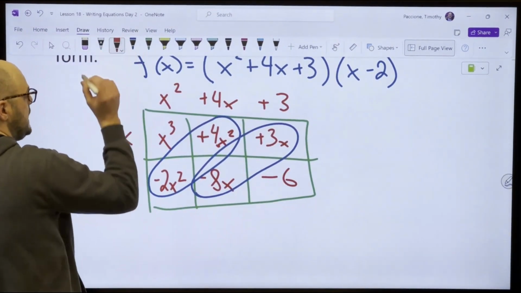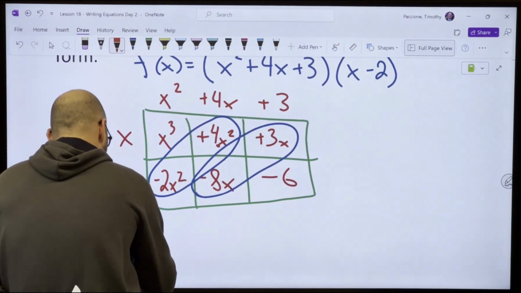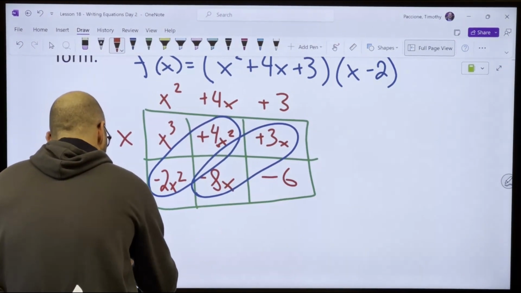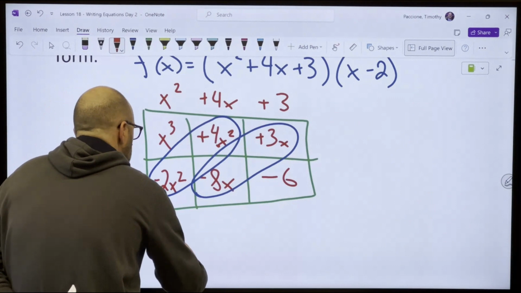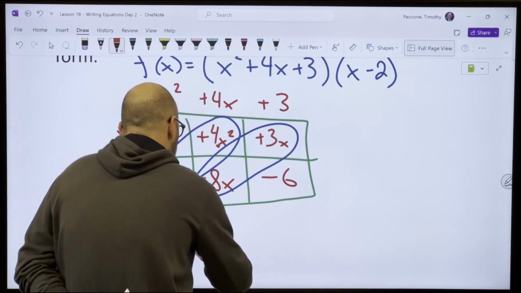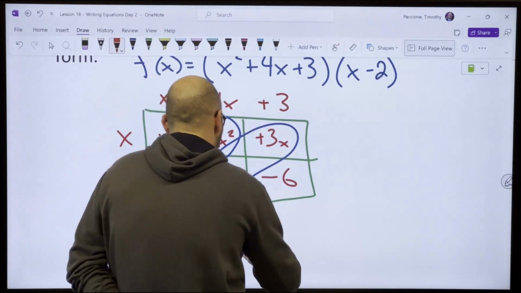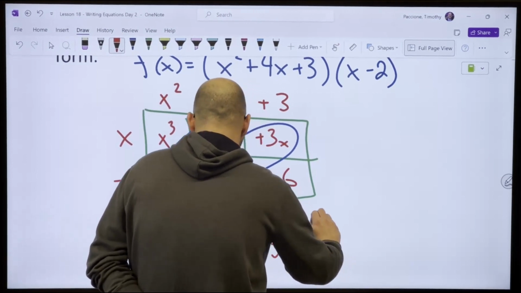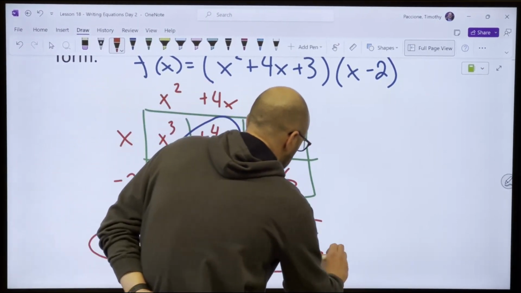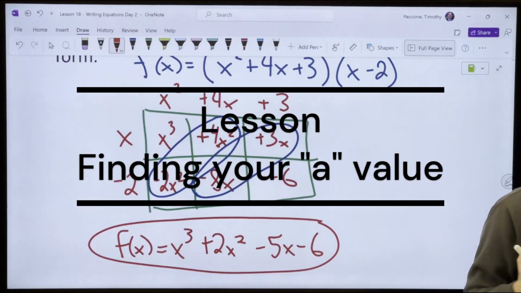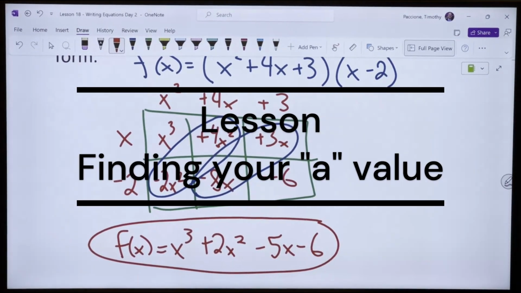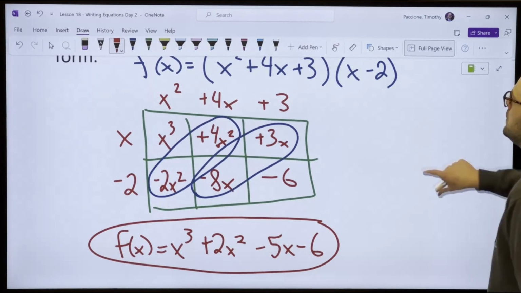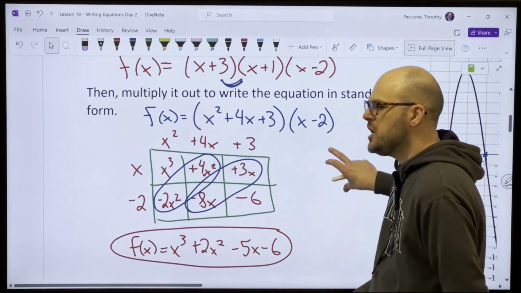It's not always going to be the case, but this one was. So that means my answer is f of x equals x to the third plus 2x squared minus 5x minus 6, right? Boom. Followed the steps Mr. Patron gave me. I'm solid. I know I got the right answer, but I know enough about this stuff to check my work.